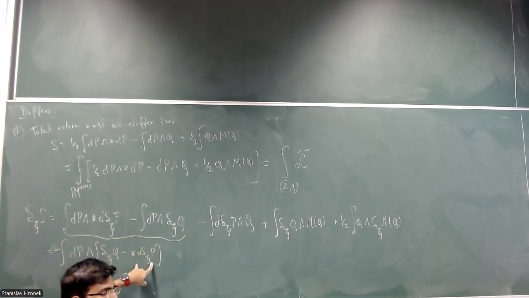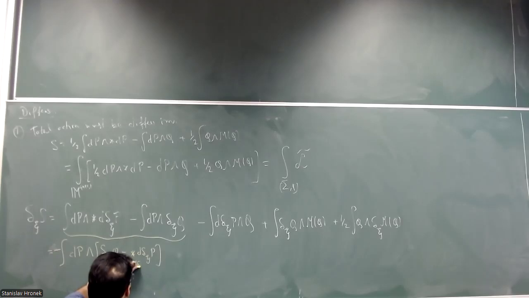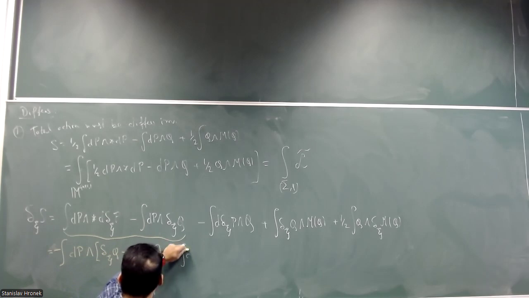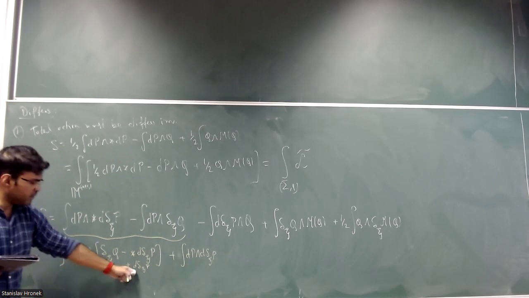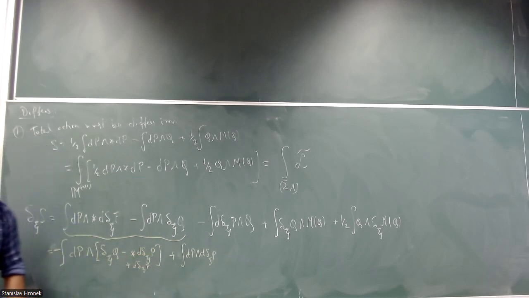Now on this term, we can add and subtract the term which is dp with b of delta xi p.